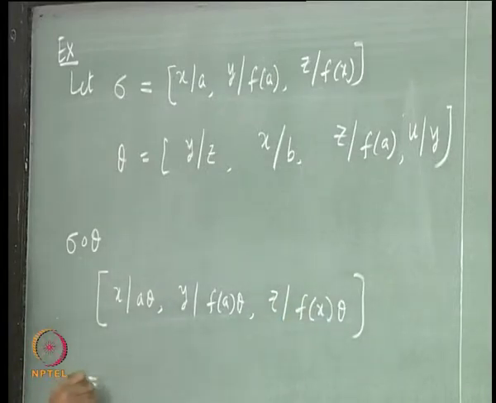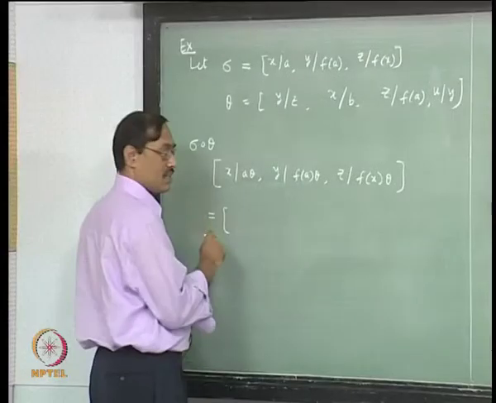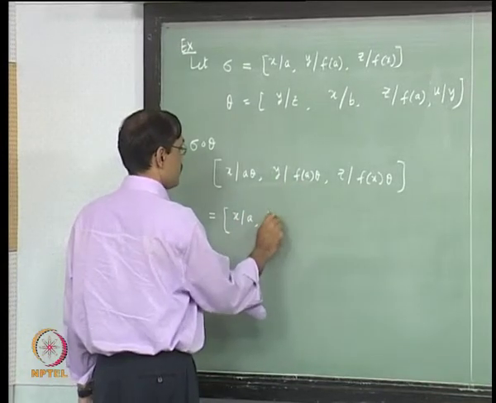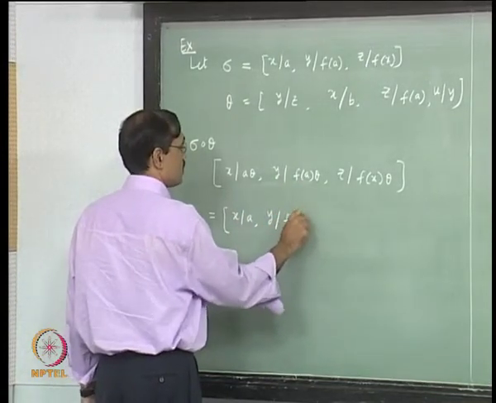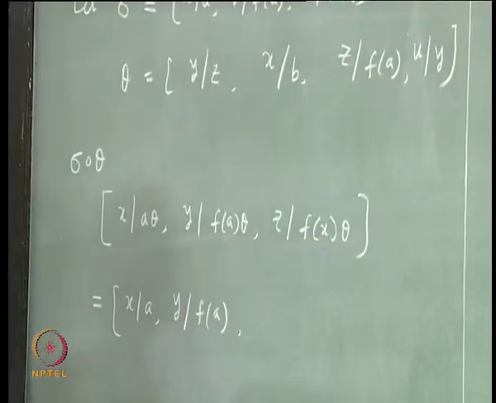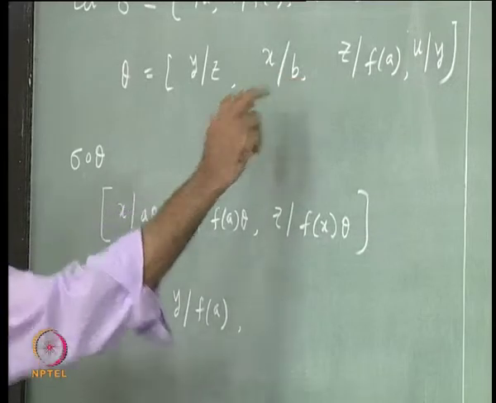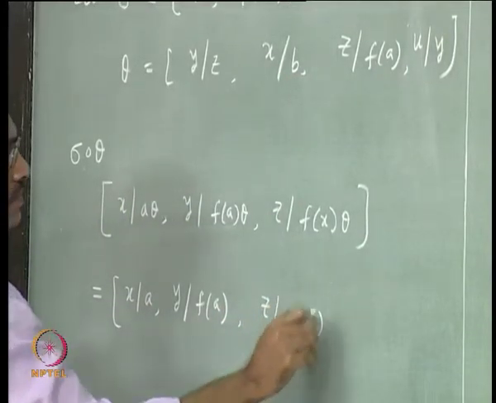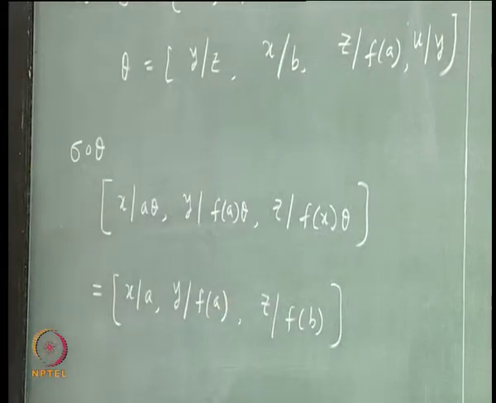So, a is a constant, does not matter. So, x by a remains, f of a is also a closed term, so that remains. Now, x is a variable, so x is taken to b, so this becomes z by f of b, fine.